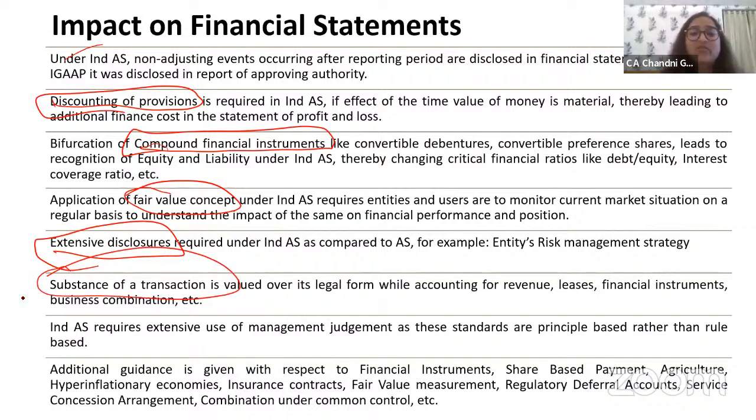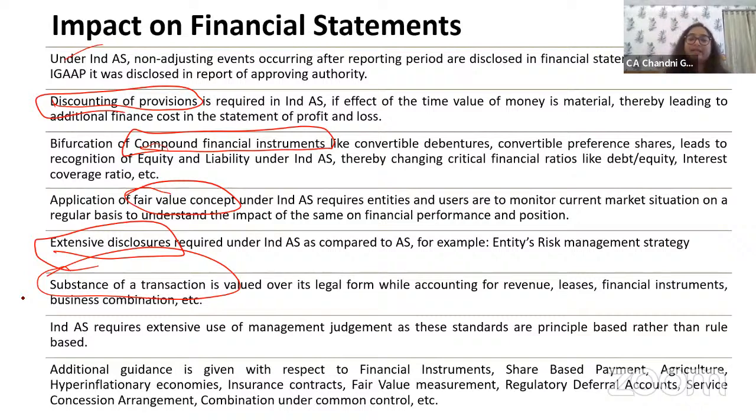Then substance over form. This is a phrase or term that we all are aware of. Now you'll say that this is also there in AS, so why are you putting it here in the Ind AS impact? This is nothing new. But no, this is new. Why? Because in AS it was always a term, but it was not practically applicable, I would say.